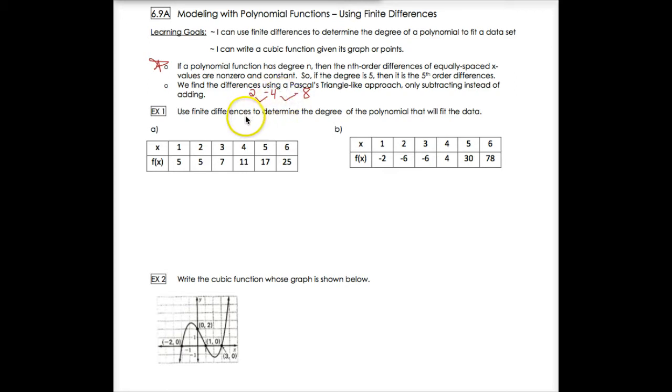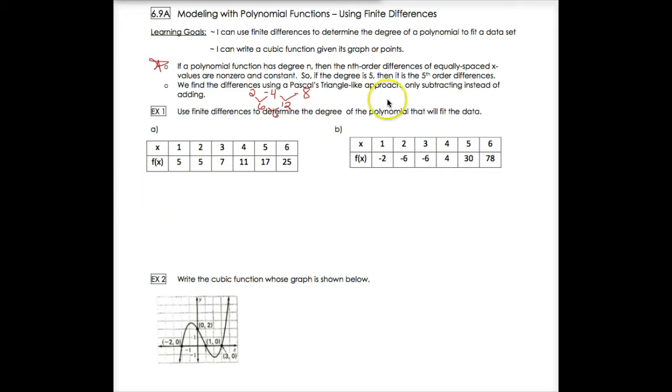So that's what I mean when I say Pascal's triangle-like approach. You would just be taking the difference between these two. So -4, -2, and we always write it as positive. So this difference would be 6, this difference here would be 12, and then on the next row you would do these two together. So that idea is how we find our finite differences.